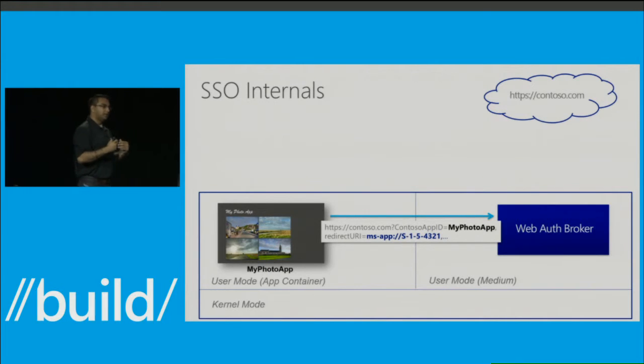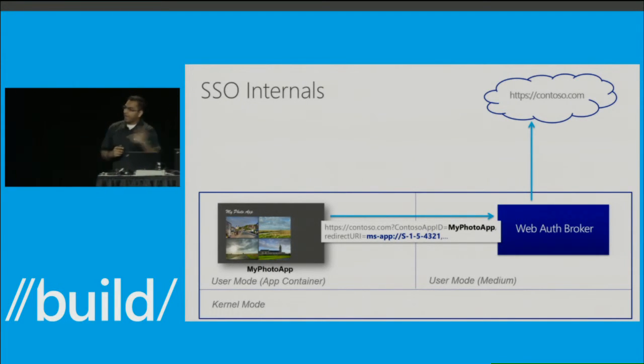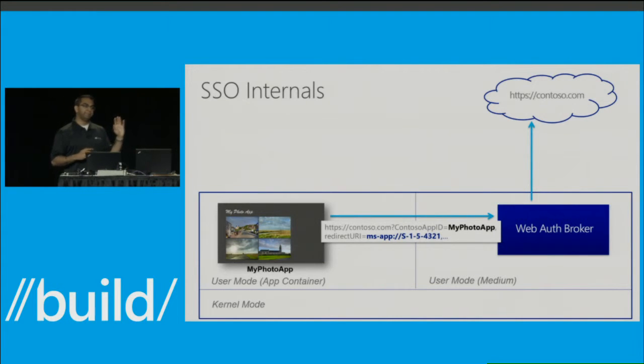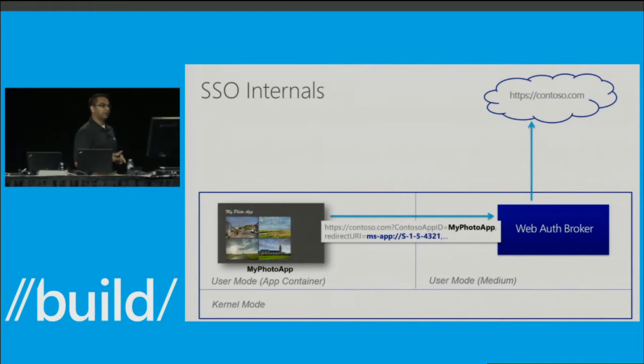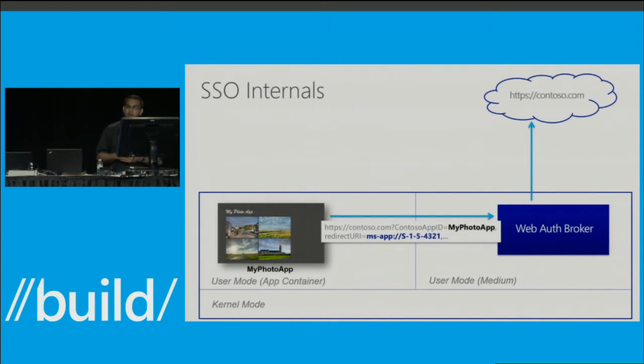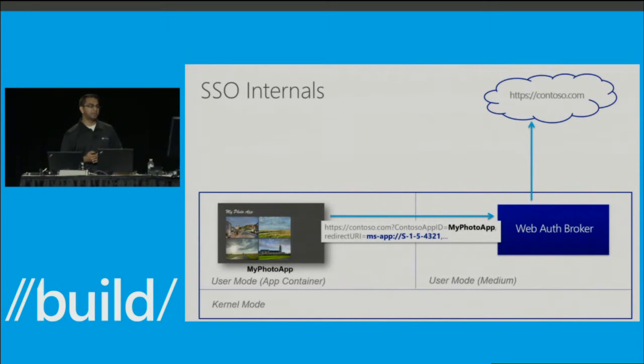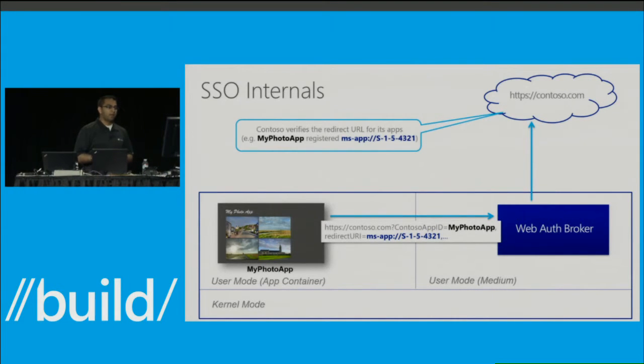Let's drill into why. Once my app makes a call and the Web Authentication Broker kicks in, it goes to contoso.com, and contoso.com verifies whether my photo app exists or not, all that good stuff happens. It also does one extra thing.